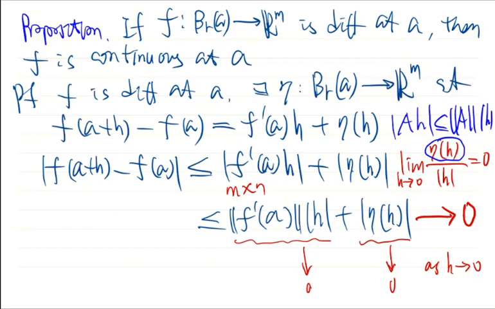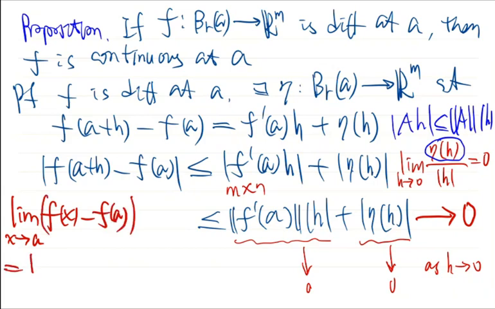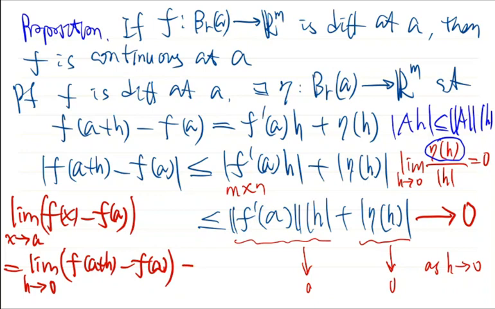So this proves that the limit as x goes to a of f(x) minus f(a), which is nothing but the limit as h goes to 0 of f(a+h) minus f(a), is 0 by the previous inequality, since the right hand side goes to 0. So this means that f is continuous at a. So the proposition is proved.